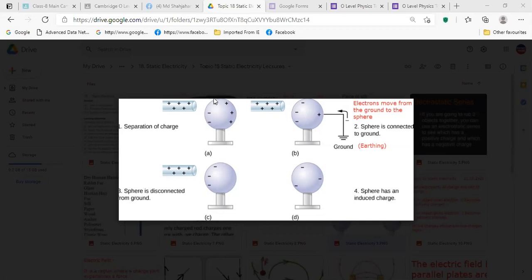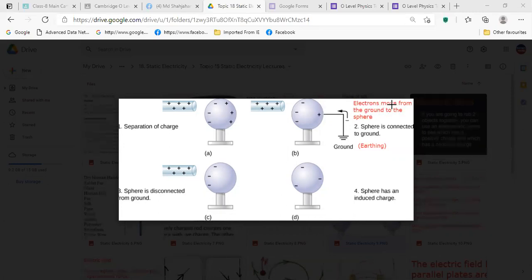Left side will be positive and right side will be negative. Then if you are doing earthing, what will happen? Here we are getting electrons move from the ground to the sphere, right? So that time what will happen? Electrons will move from the sphere to the ground.